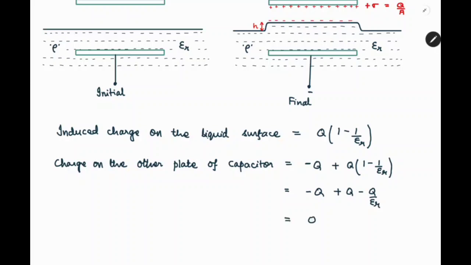So the charge value will become q by epsilon r with a negative sign.